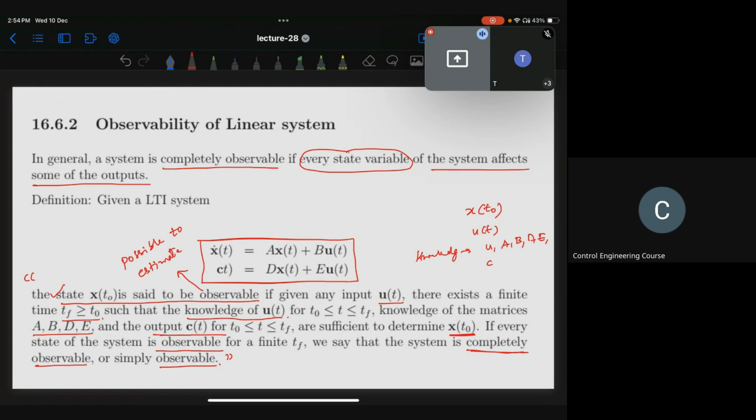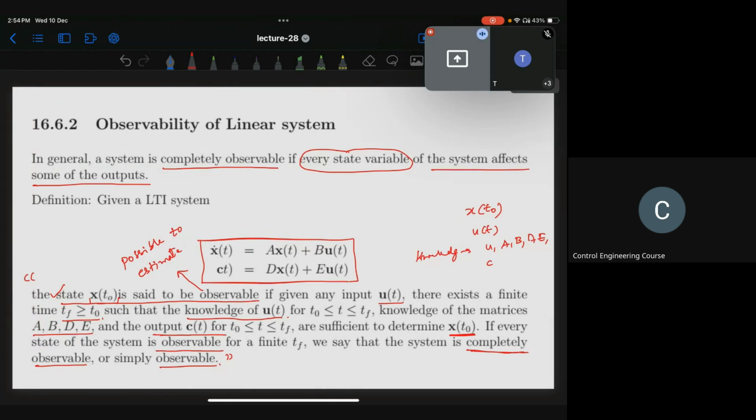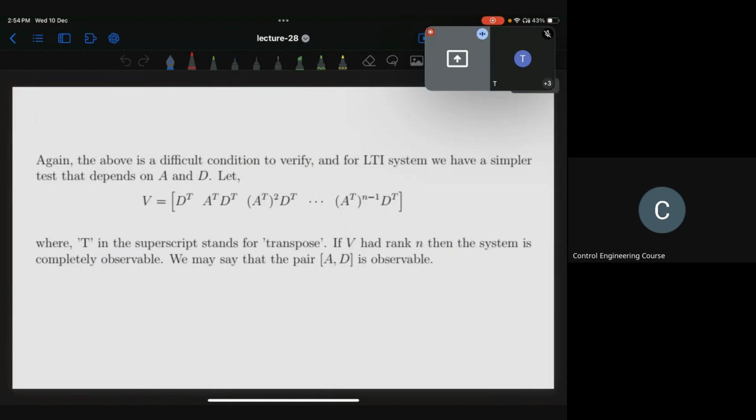So this gives us the notion of the possibility of estimating the state x of t naught, any state at its initial value. Similarly, this is the general intuitive definition. Again, if we start from there, this is the condition.